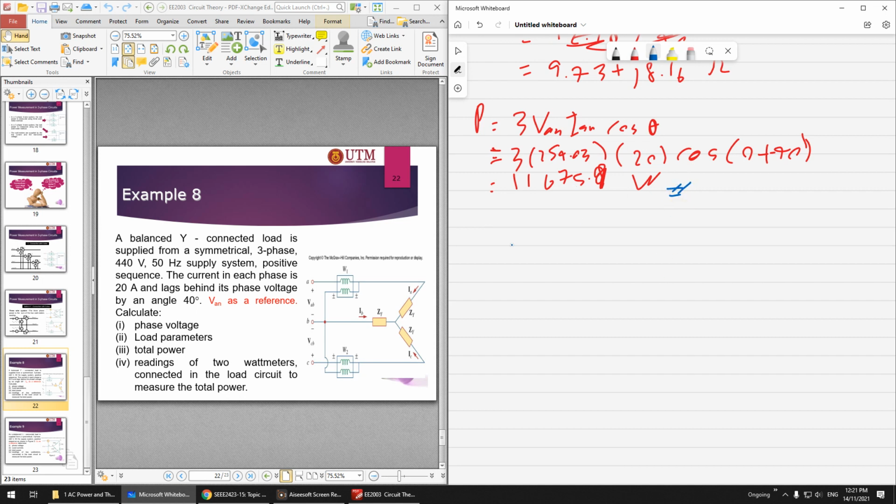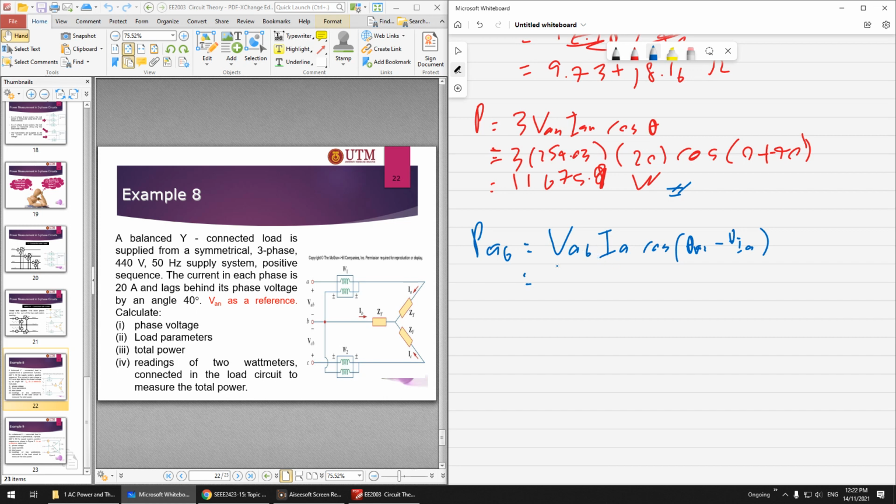So 2 wattmeter method, P is equals to, you have to find P_AB. So P_AB is equals to V_AB I_A cos theta, theta V_AB minus theta I_A.